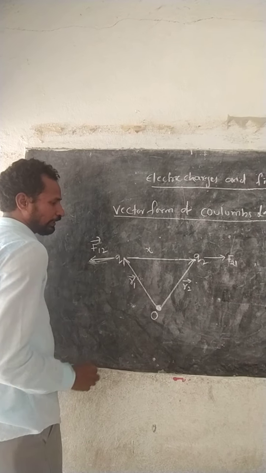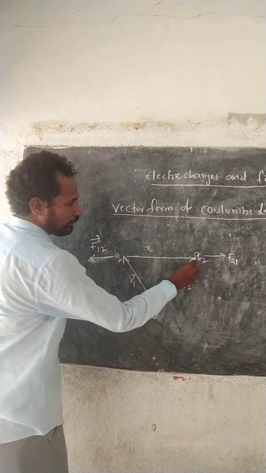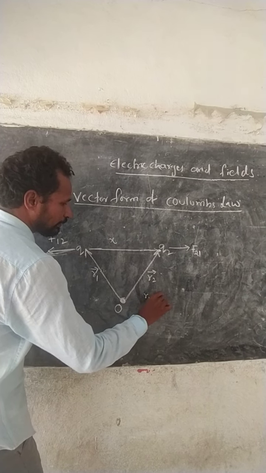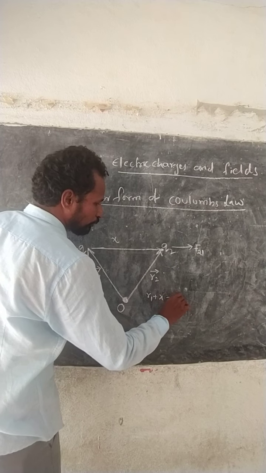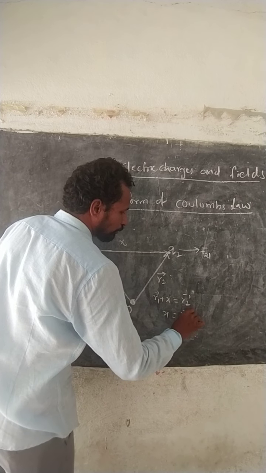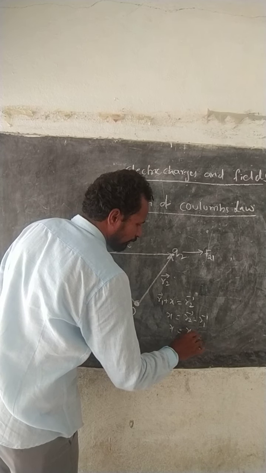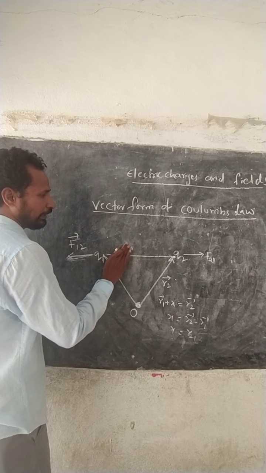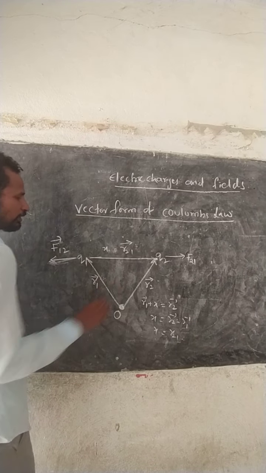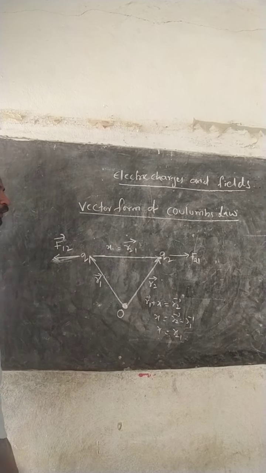If you follow the triangle law of vectors, R1 plus x is equal to R2, and x is equal to R2 minus R1. This x we can write as R21. So this vector x is nothing but R21, the distance between the two charges Q1 and Q2.